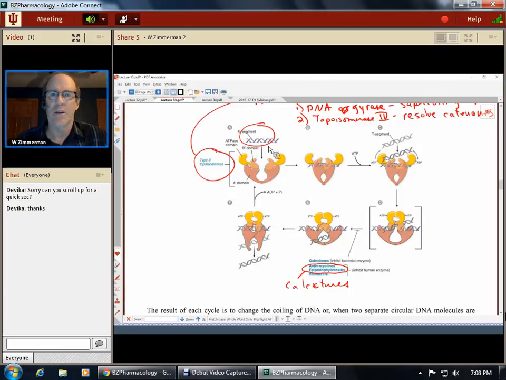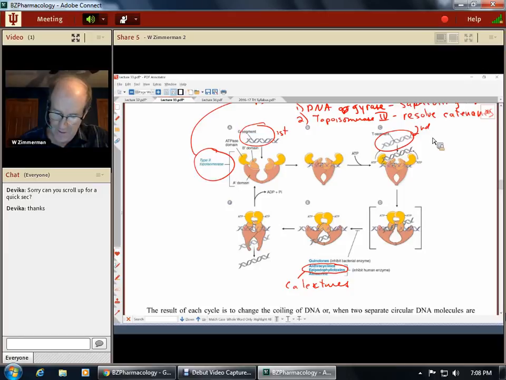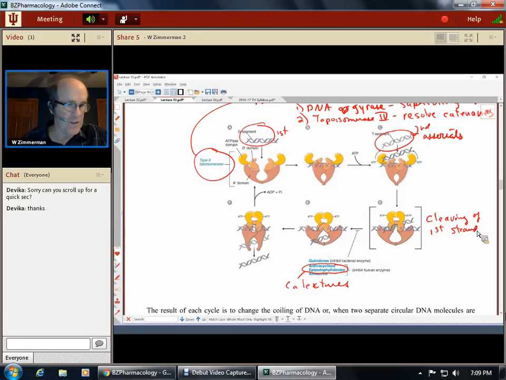But a segment comes in, a second segment comes in, and it associates. We get strand cleavage of the first strand, and then you get passage and resealing.